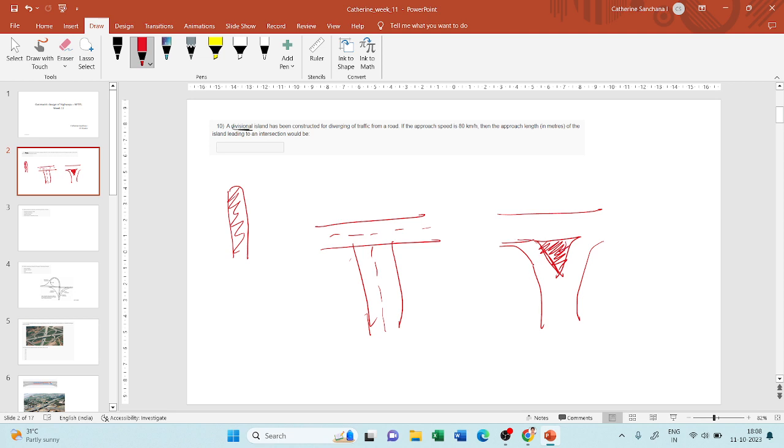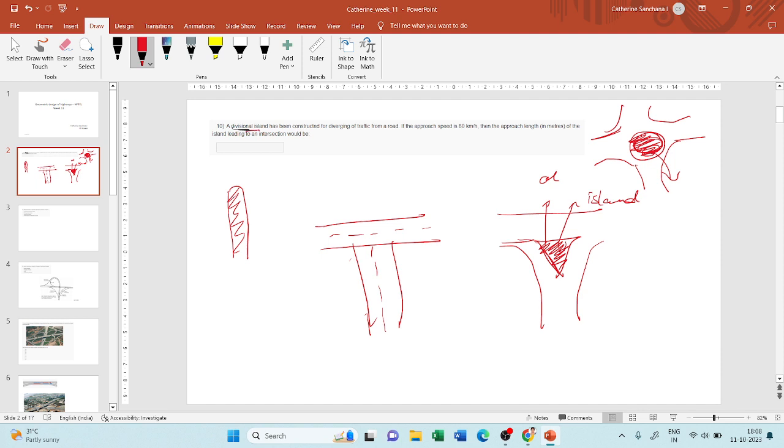Now, this is an island. Similarly, when you have a rotary intersection, in the middle you will have a rotary island. So this is a channelized island, this is a rotary island.